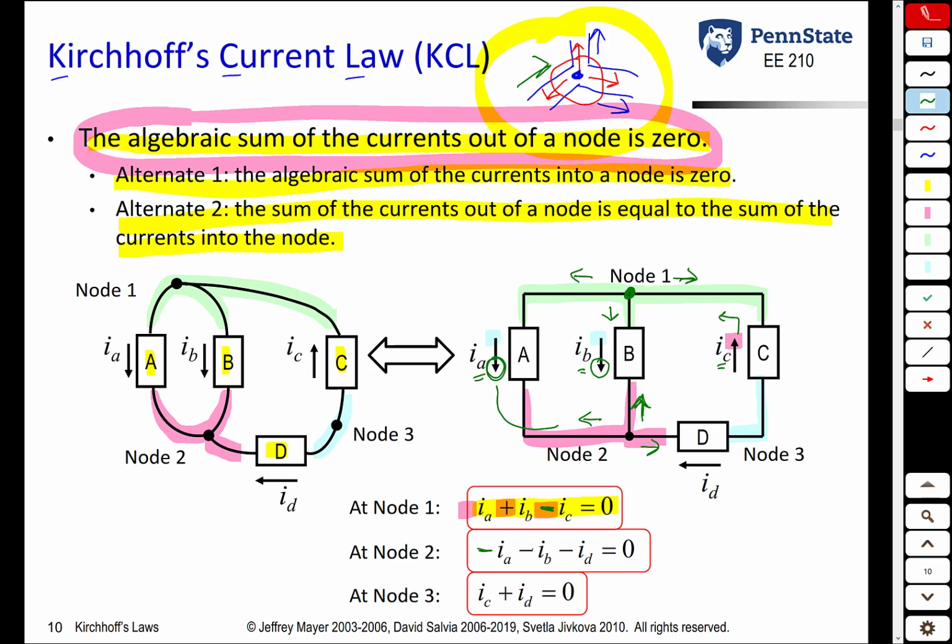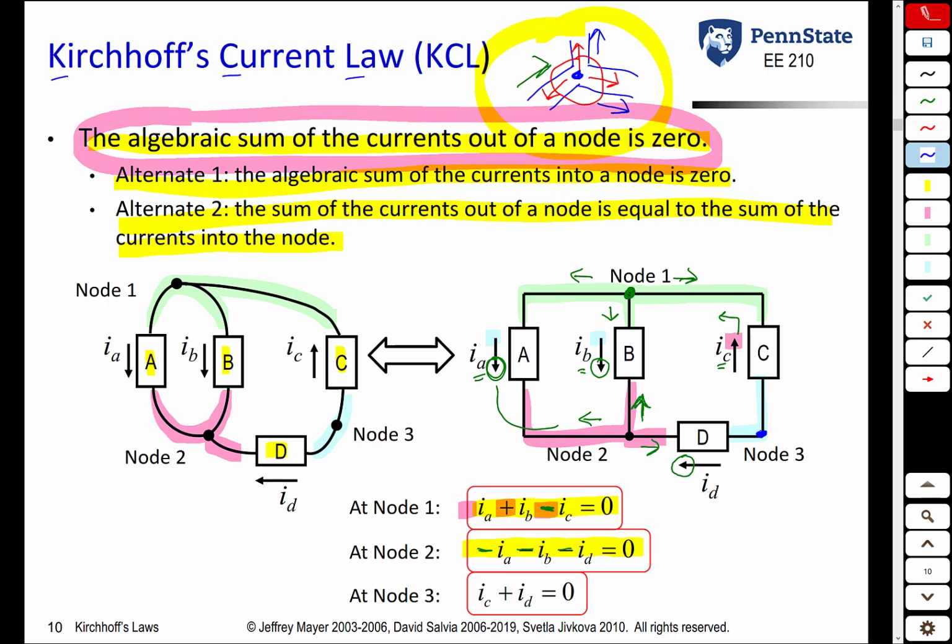So it's minus IA minus IB. And once again, this current is ID, but you hit the arrow head first, so it's negative IA minus IB minus ID is equal to 0. Using alternate 1, it would be IA plus IB plus ID is equal to 0, etc.